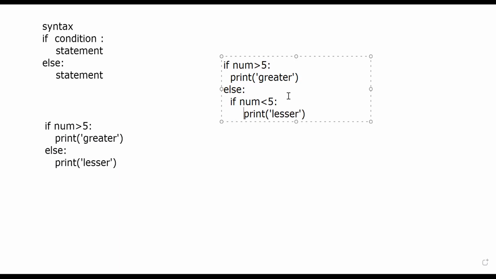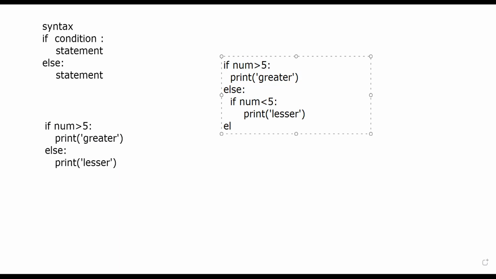So here, as you can see, are two conditions. If number greater than 5, this statement will run. If the number is not greater than 5, then if number less than 5, this statement is going to run. If both statements are false, what do you think it should print?